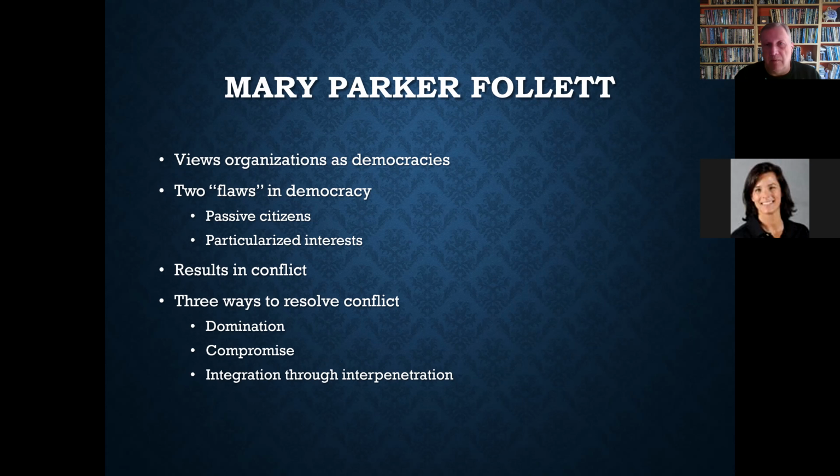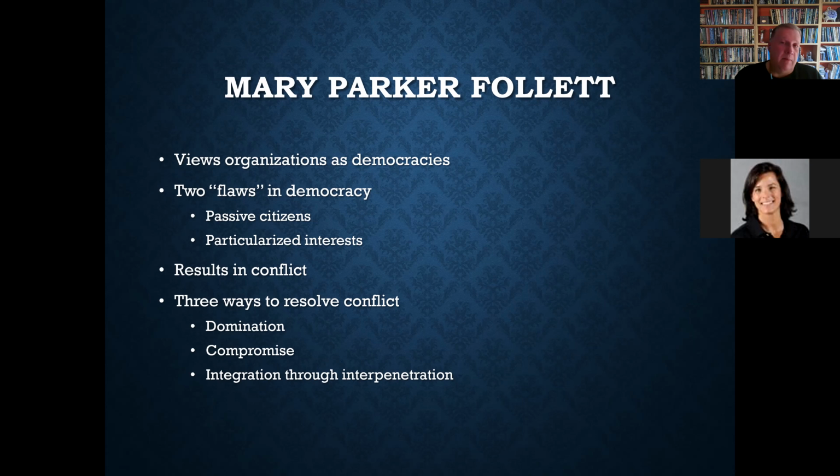And when you have all these different particularized interests, all these different factions, inevitably, you're going to end up with conflict. Madison in Federalist 10 said we can't eliminate factions because that's equivalent to eliminating democracy. So instead, we have to control their effects by balancing faction against faction, by trying to manage the conflict that occurs when these factions come into conflict with each other.